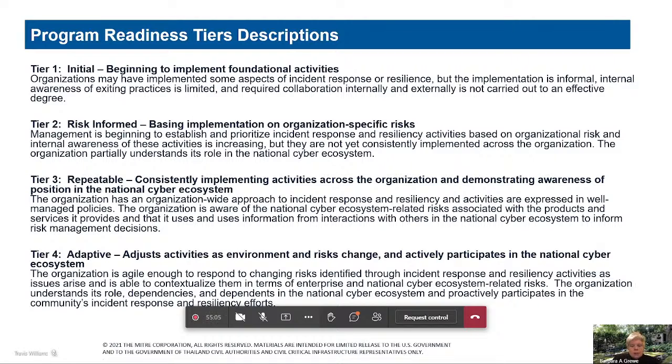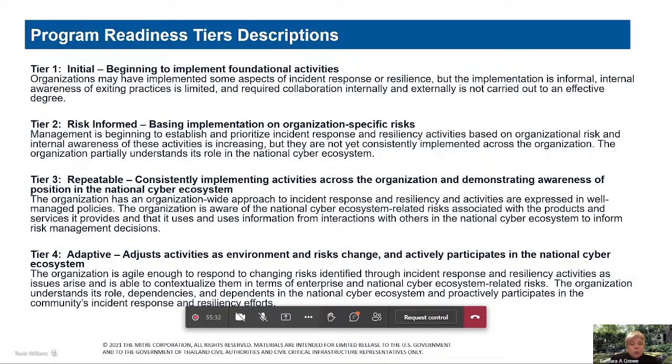The organization is beginning to implement foundational activities. The organizations may have implemented some aspects of incident response or resilience, but the implementation is informal. Internal awareness of existing practices is limited, and required collaboration internally and externally is not carried out to an effective degree.